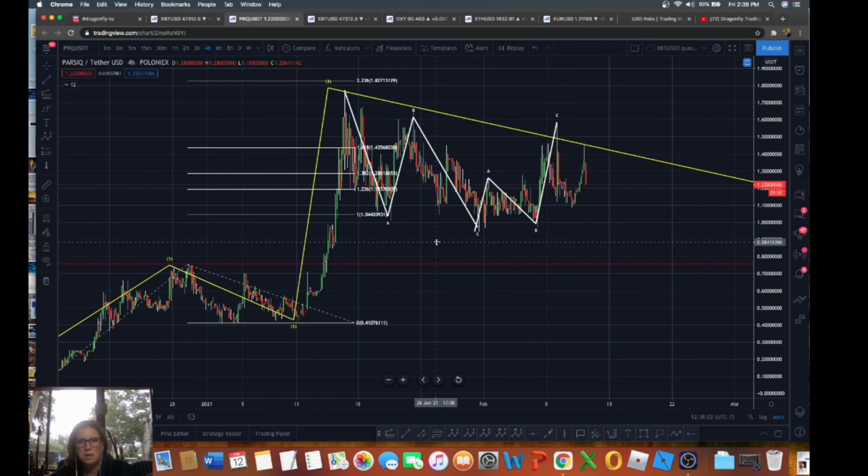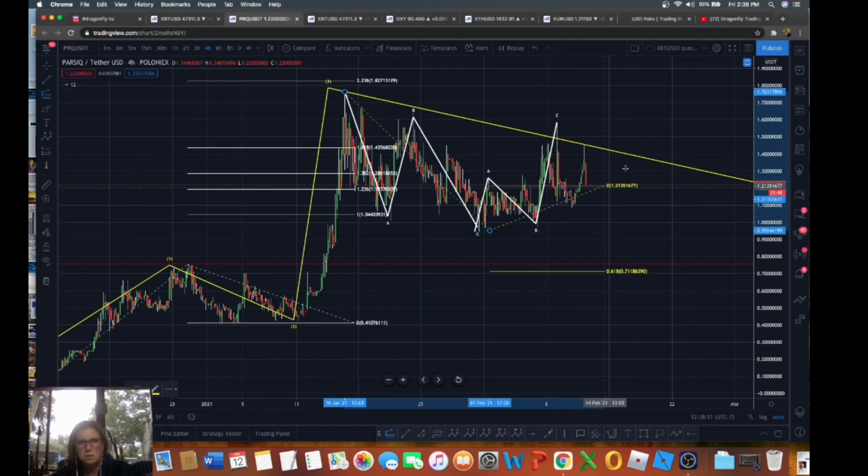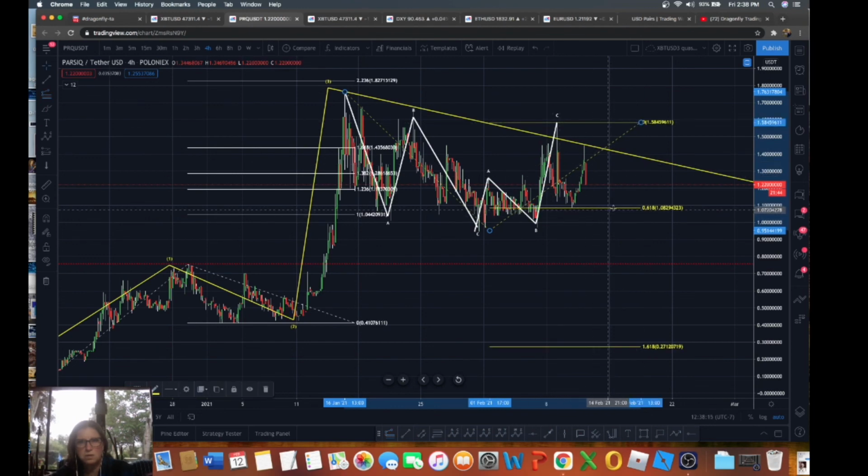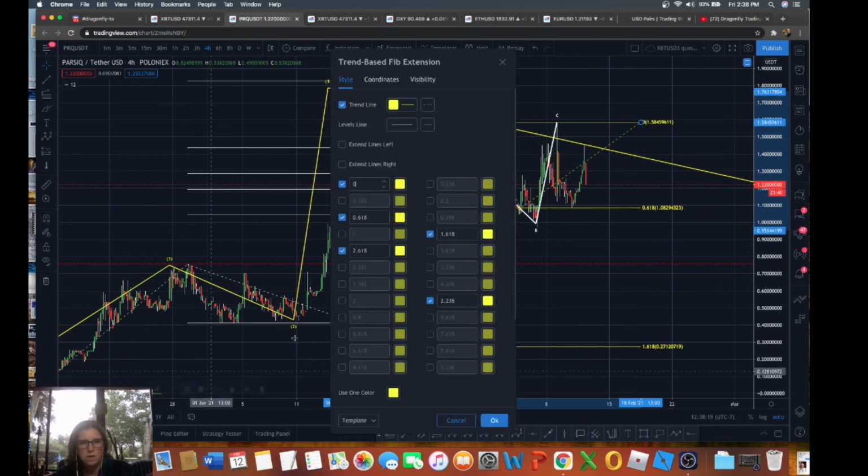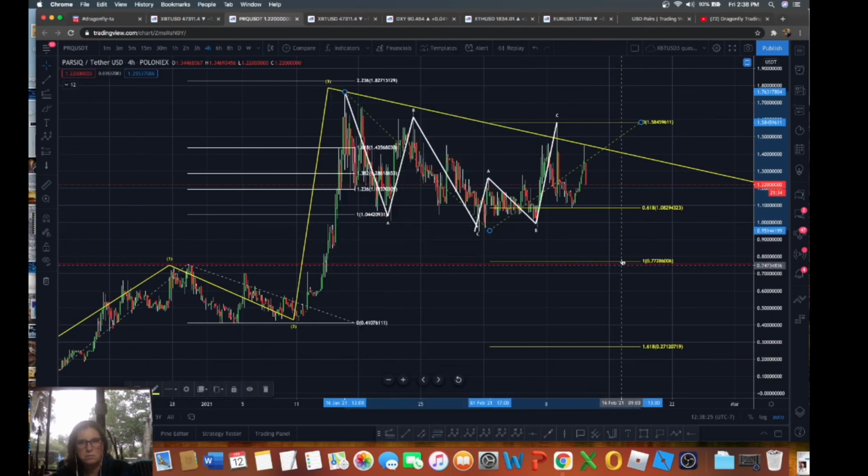So basically, let's take a measurement on this. I would like to see it hold the 618 and give us a running flat. I don't want to see it come down to the 1-to-1.